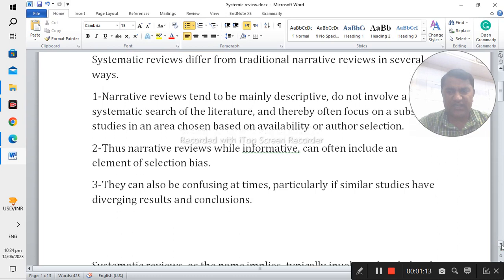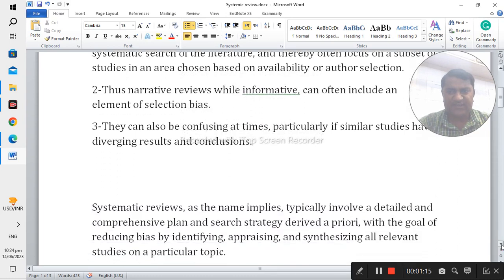The main focus is a subset of the studies in an area chosen based on availability or the author's selection. So narrative reviews, while informative, can often include an element of selection bias, while the systemic reviews do not. That is the main difference between the systemic review and the narrative reviews.